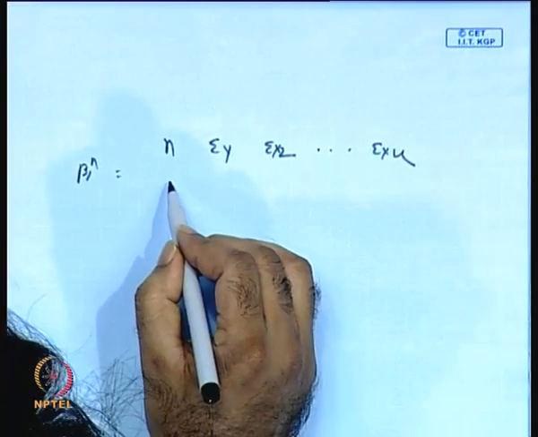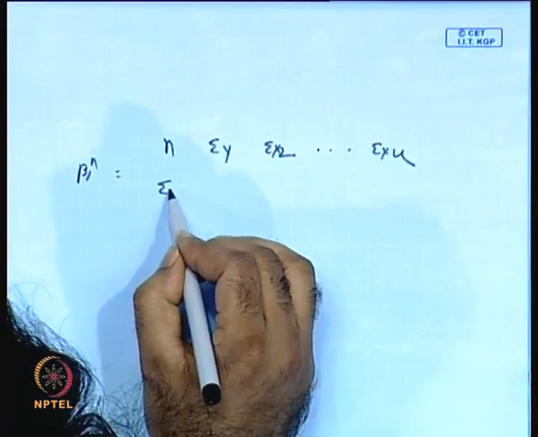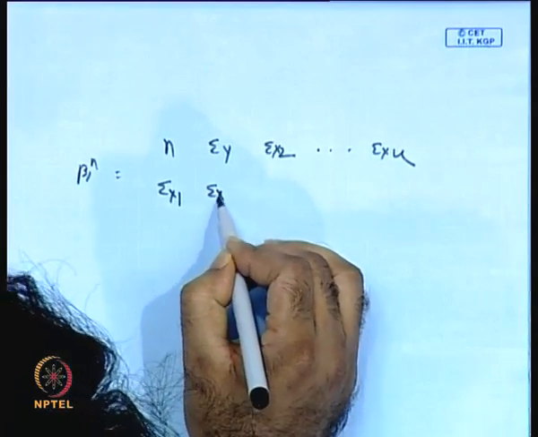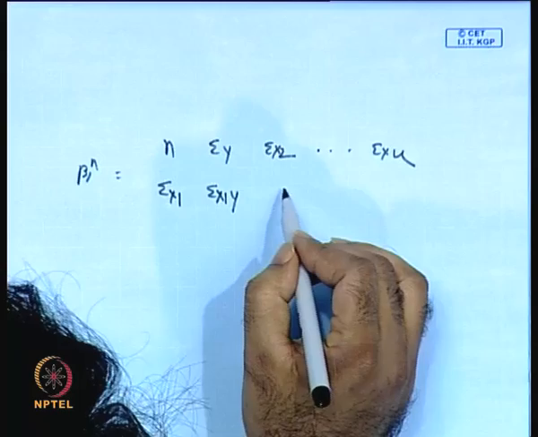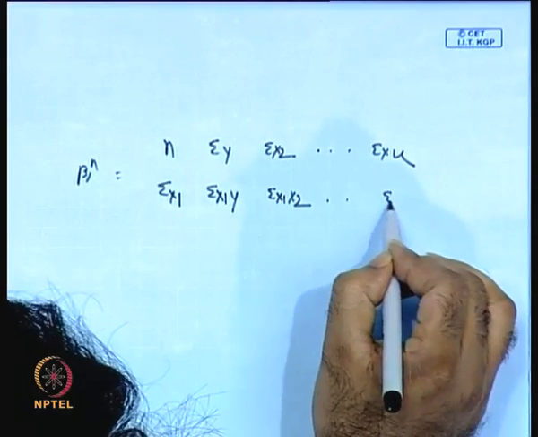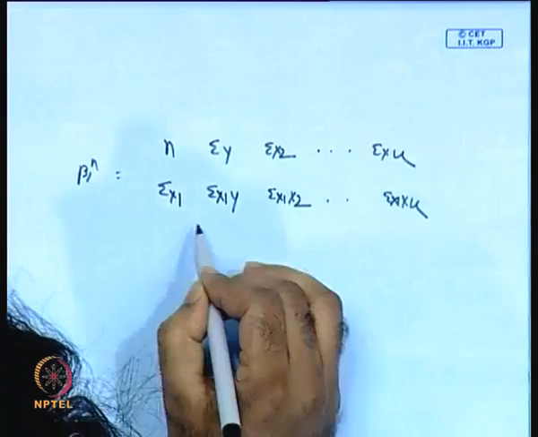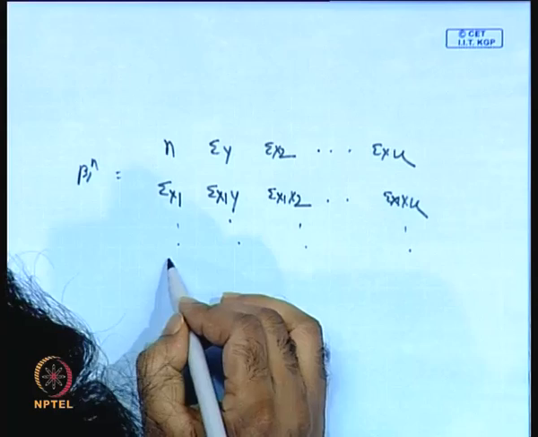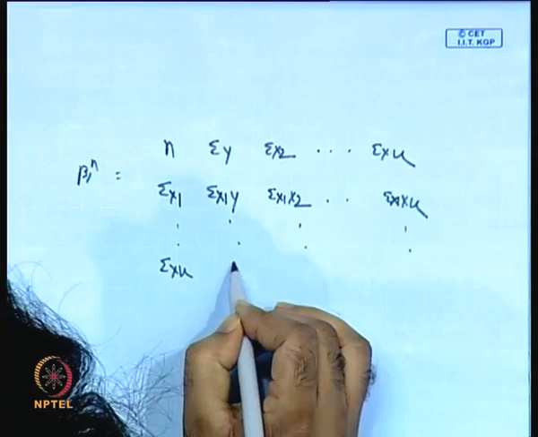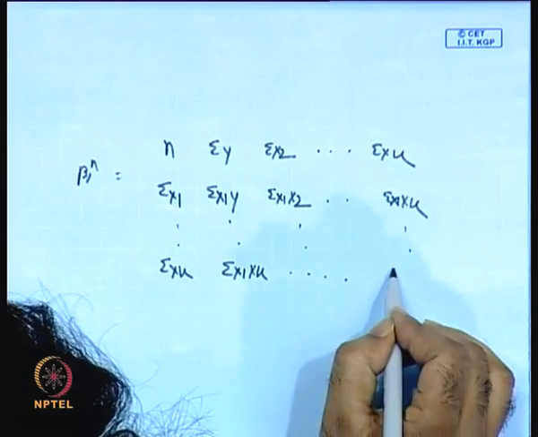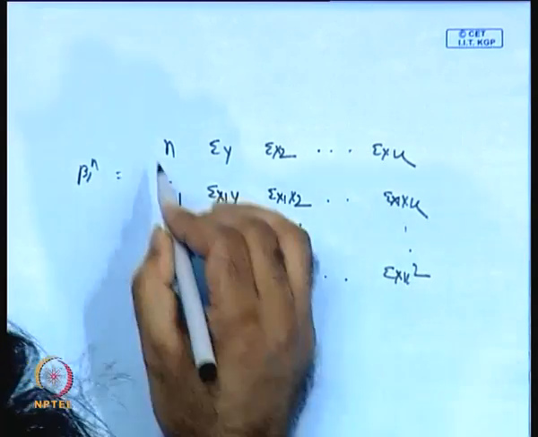Then summation x1, summation x1y, summation x1 x2, summation x1 xk. Then this is summation xk, this is summation x1 xk, and this is summation xk squares.